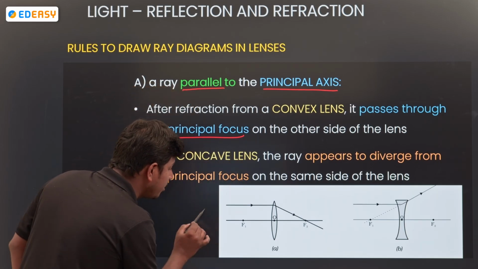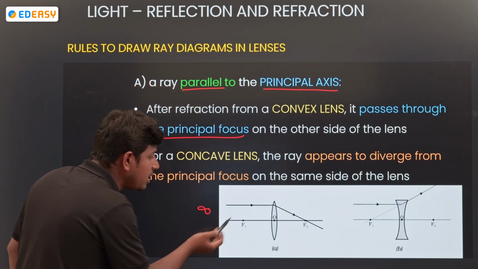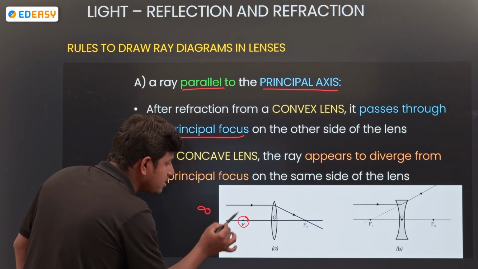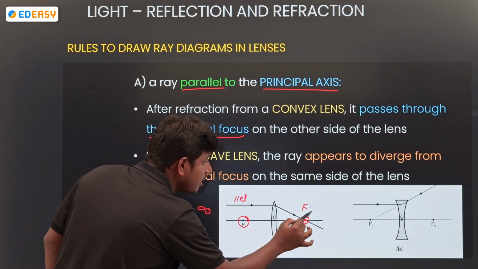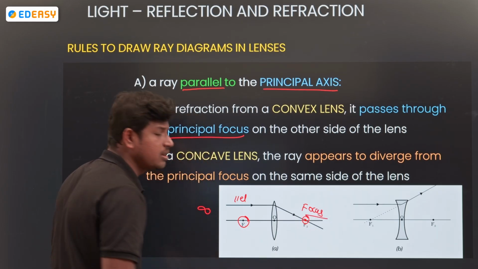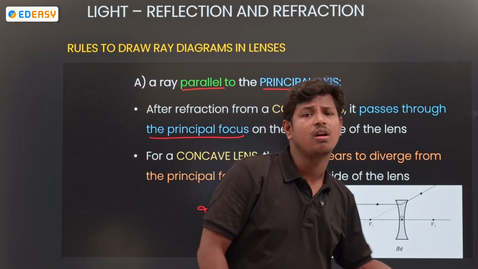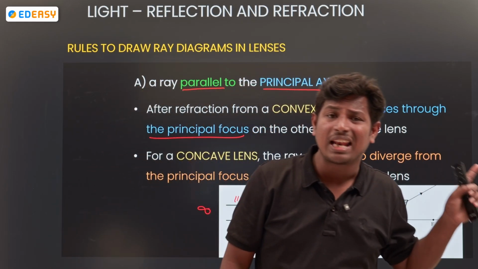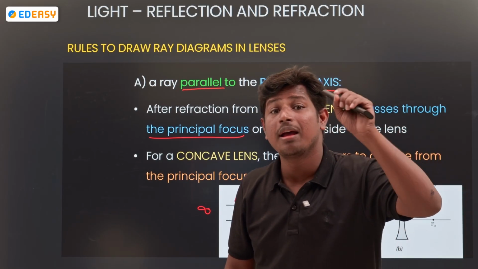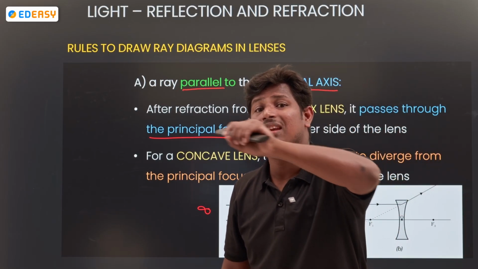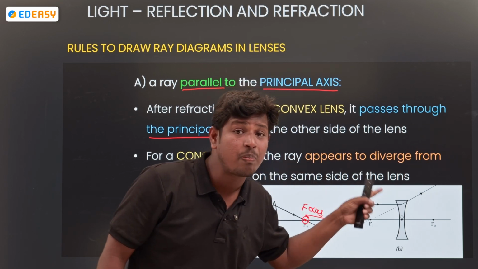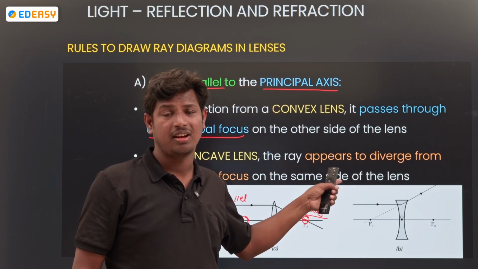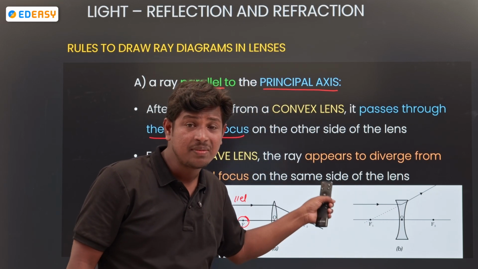Look at the diagram: the ray starts at infinity, parallel to the principal axis, and meets at the focus, whether it is a concave or convex lens. That is the first property: parallel means meet at a focus.